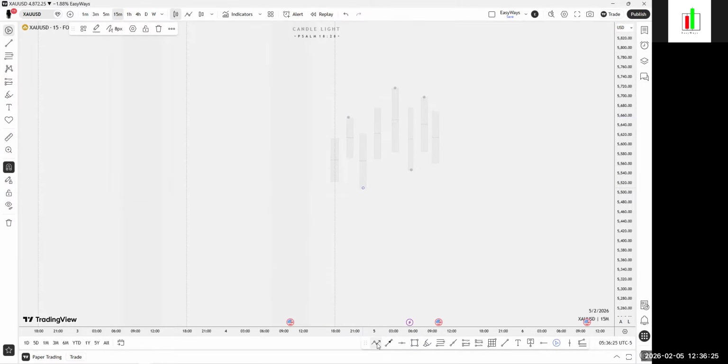So whenever we have a short-term high with this pattern here, this gives us a swing high.